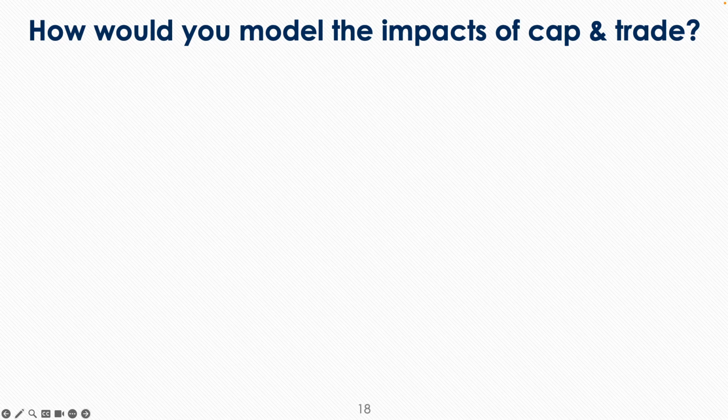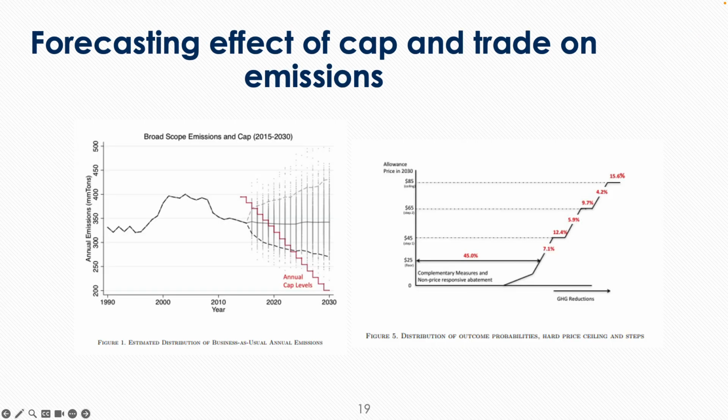So let's talk a little bit about some of the modeling that's been done with respect to this particular policy, and thinking about various impacts and nuances of the policy. So, forecasting the effect of cap and trade on emissions. This is some work by some prominent economists in this field.